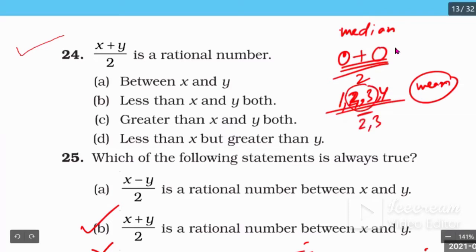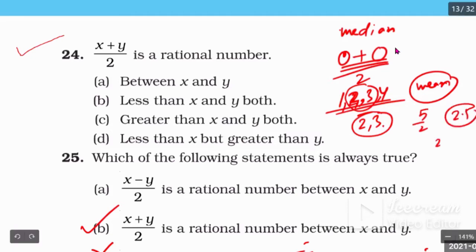Then what will you do? 2.5. Not 2 by 5, 5 by 2. Yes, 2.5 or 5 by 2, both are the same.